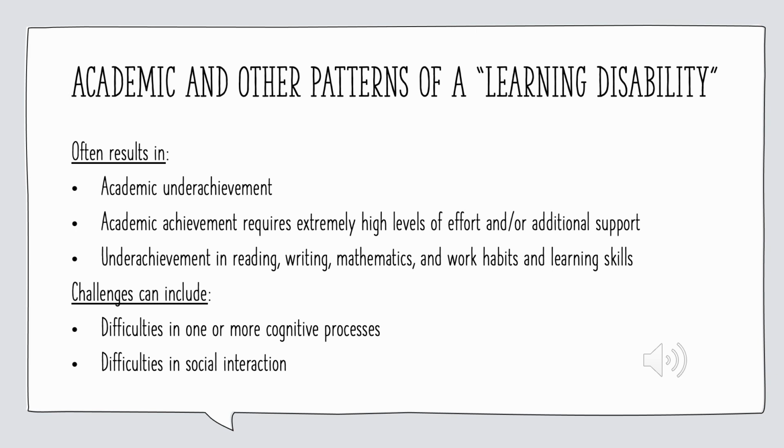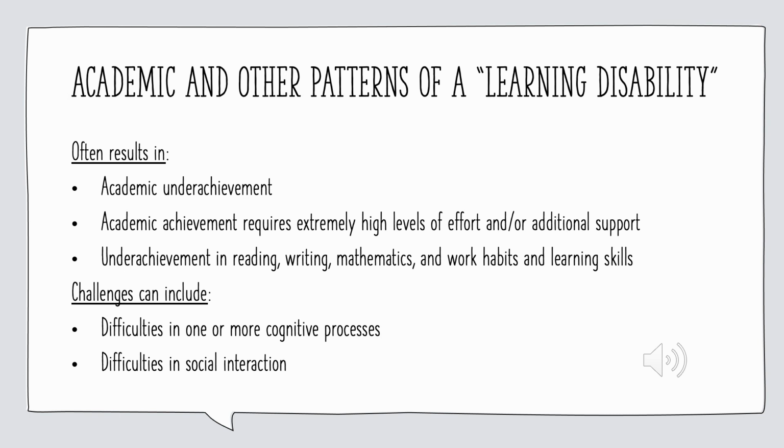Other challenges can include difficulties in one or more cognitive processes, such as one of the following: phonological processing, memory and attention, processing speeds, perceptual motor processing, visual spatial processing, executive functions, such as self-regulation of behavior and emotions, planning, organizing of thoughts and activities, prioritizing, and decision-making.